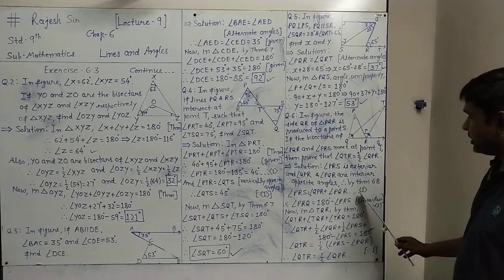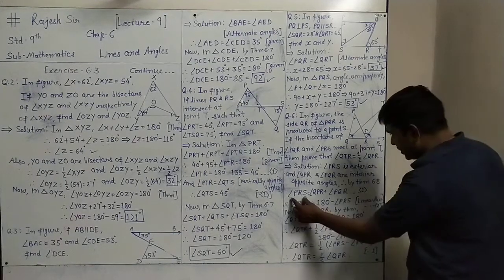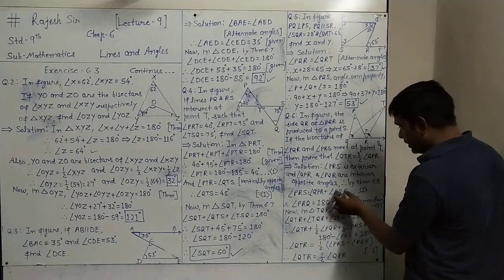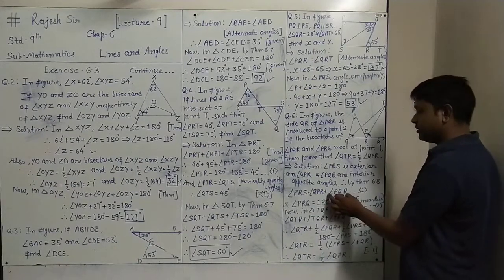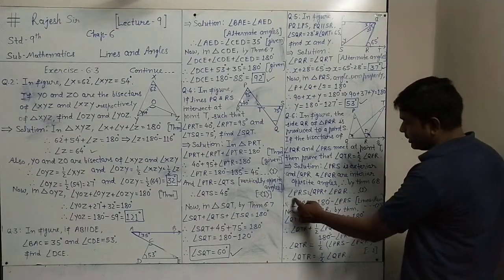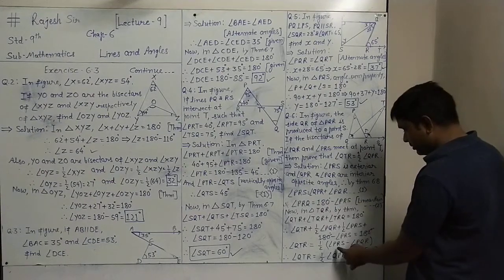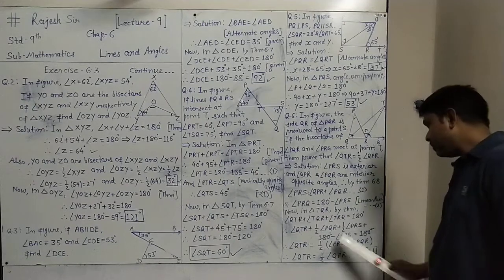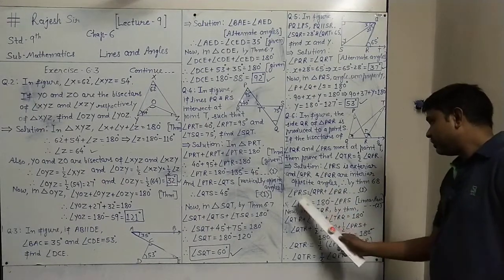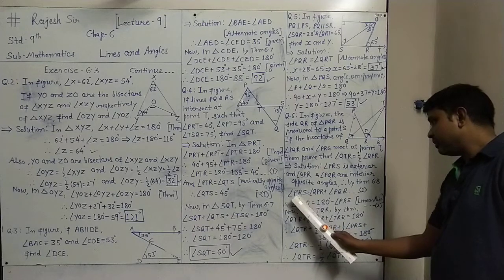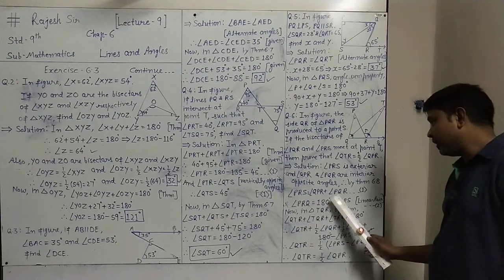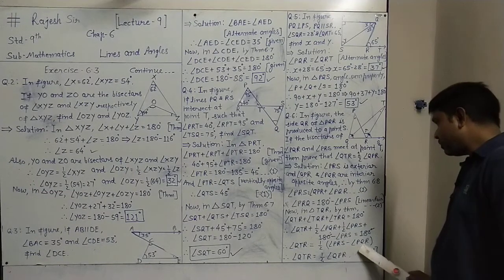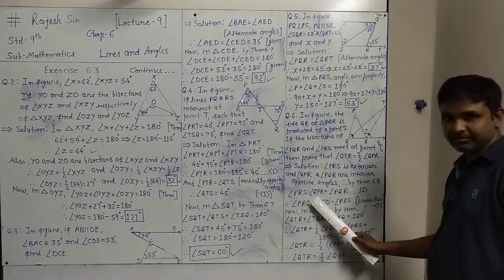From result 1, you see this is PRS and this is PQR. In the bracket we can see angle PRS minus angle PQR. From result 1, if you take angle PQR to the left, it will be angle PRS minus angle PQR, which shows angle QPR actually.